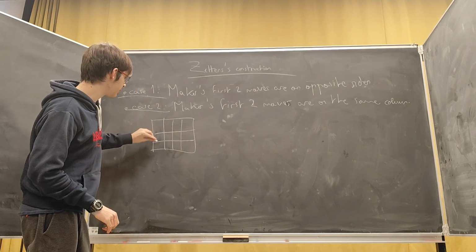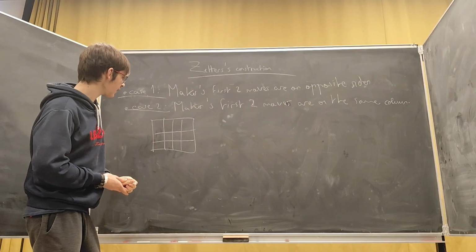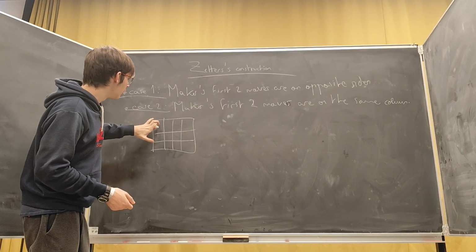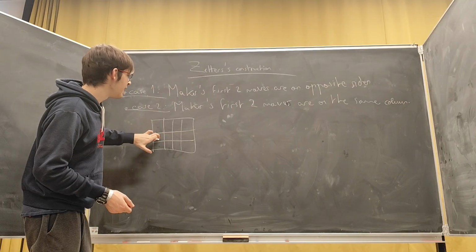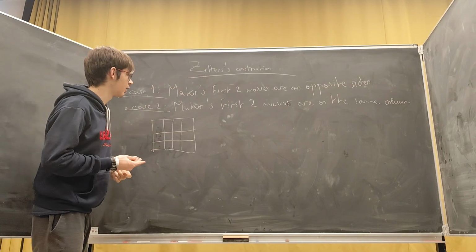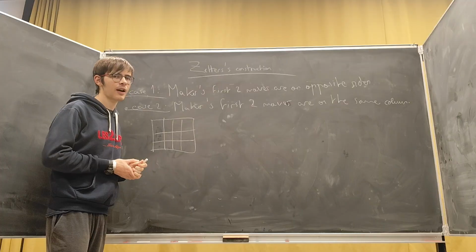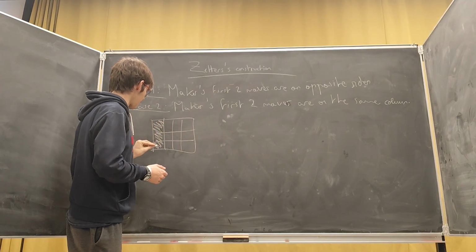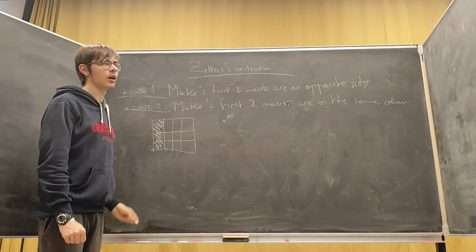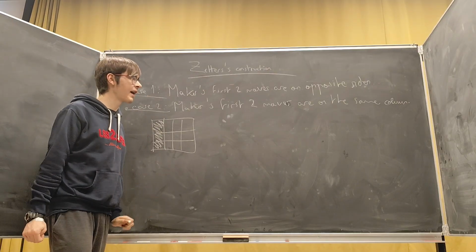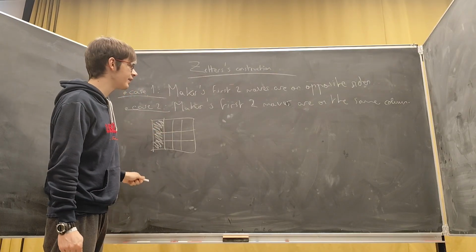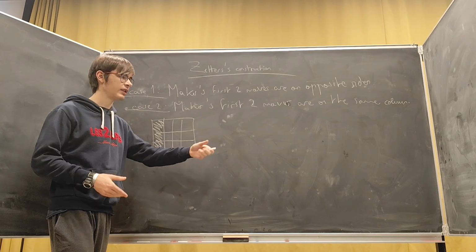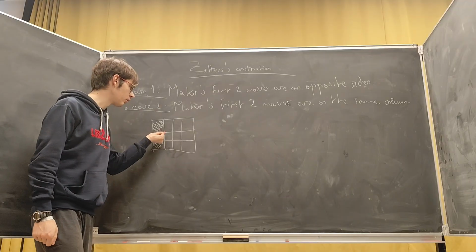We will place the column here in first, and we actually don't really care about where maker has placed their squares and where breaker has blocked. We will just fill in this column to signify that it's entirely occupied, right? Because maker has played here twice and breaker has played here once for his second move. As I said, we have to react, so breaker has to block.